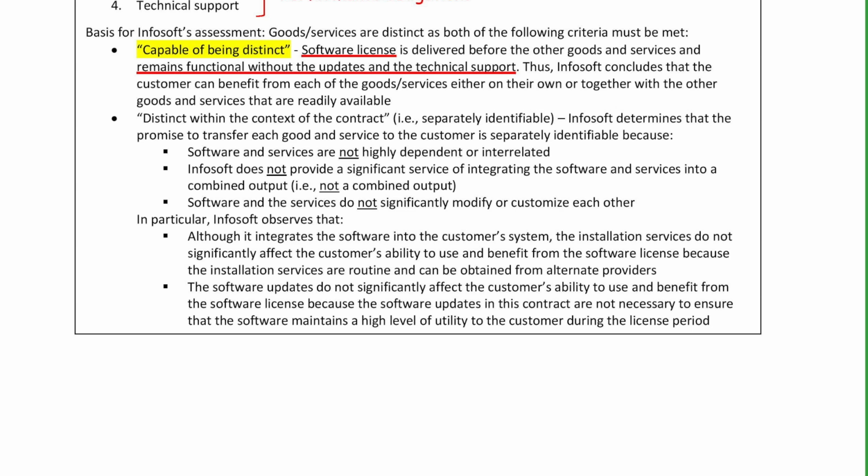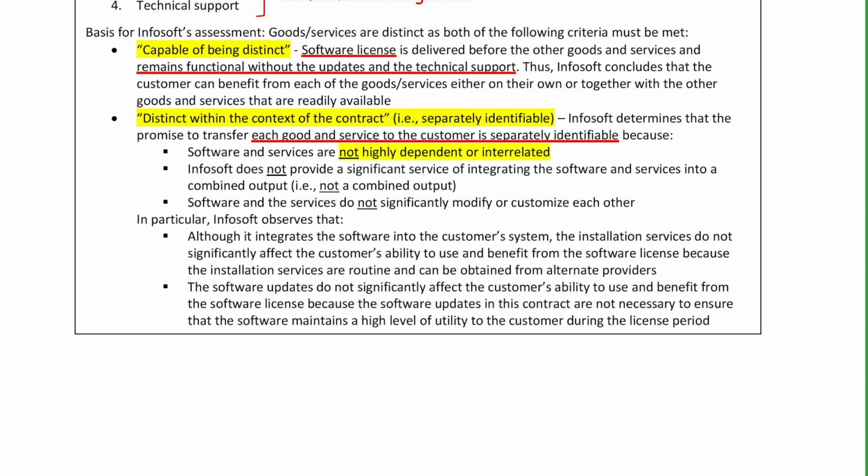And criteria 2, highlight, these are distinct within the context of the contract, which means separately identifiable. So Infosoft determines that the promise to transfer each good and service to the customer is separately identifiable because the software and services are not highly dependent or interrelated.